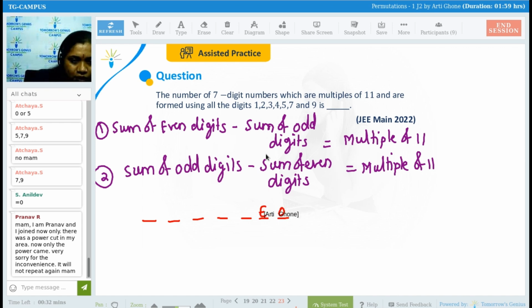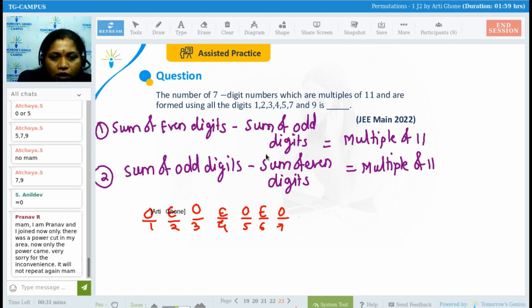Unit place is odd, this one is even, this one is odd, this one is even. First thing it is 7, no? This one is odd, this one is even, this one is odd. Clear? Got it? So we don't know exactly which case this is.